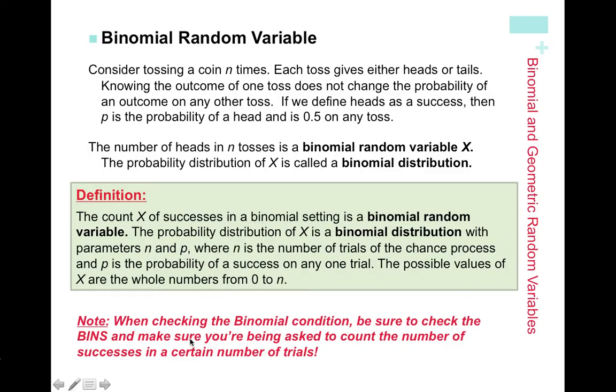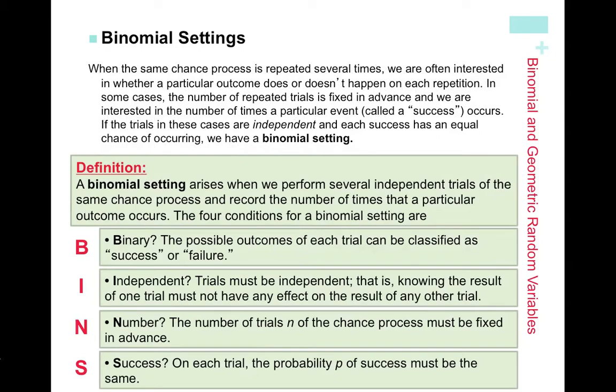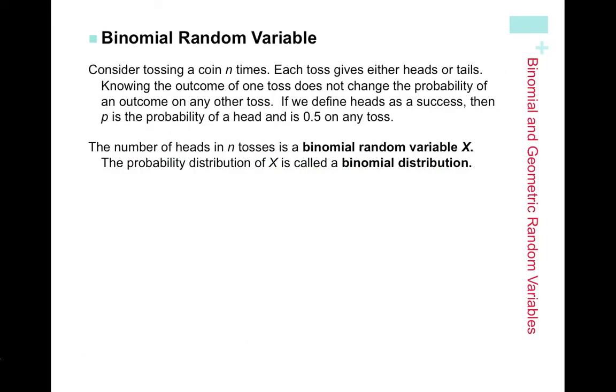When we look at a problem, you have to remember that not everything is capable of being assigned a binomial distribution. You have to check the BINS: binary, independent, number, and success.